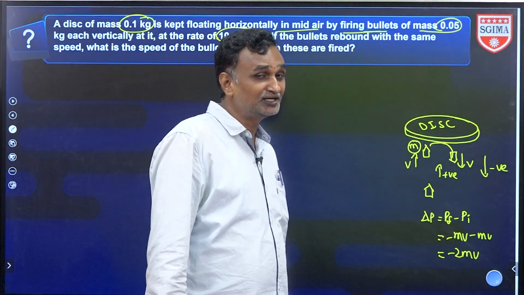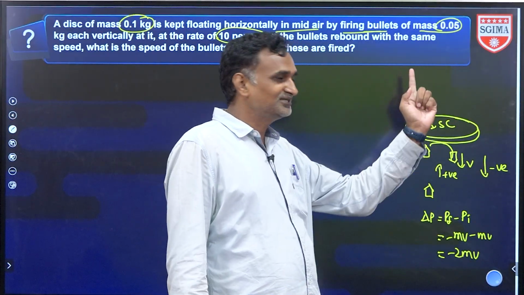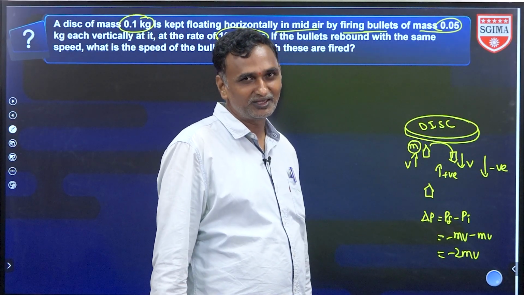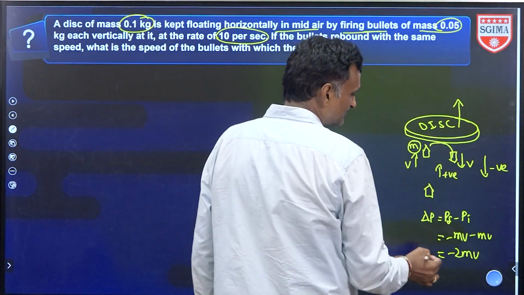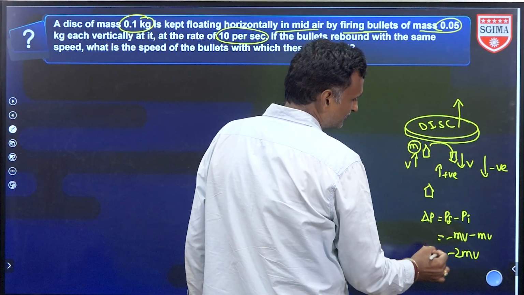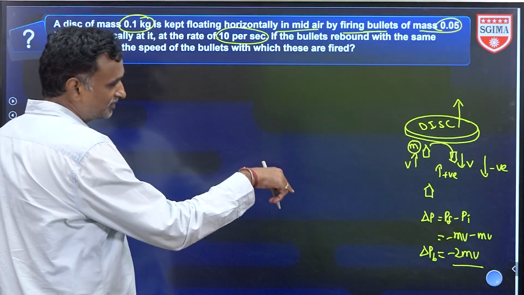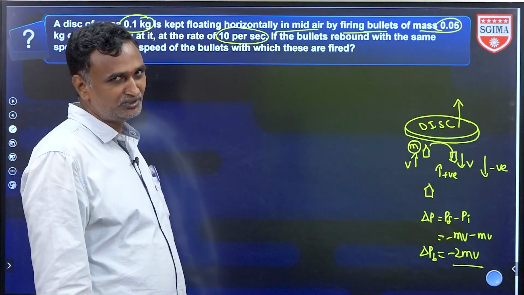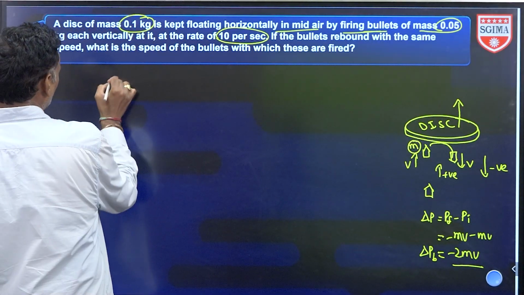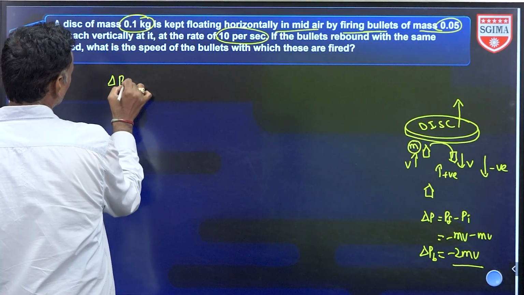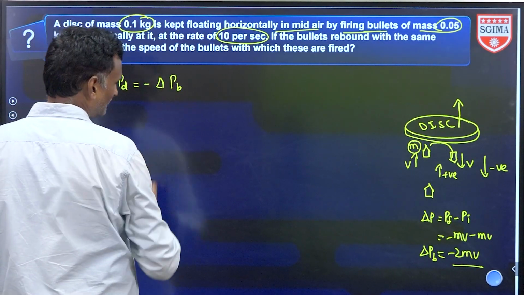on the bullet. But this change in momentum takes place on the disc also. On the disc it is upward, while on the bullet it is downward. The change in momentum on the disc is exactly opposite to the change in momentum on the bullet.